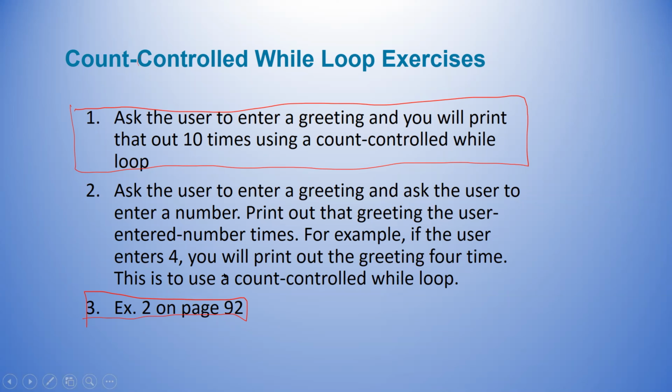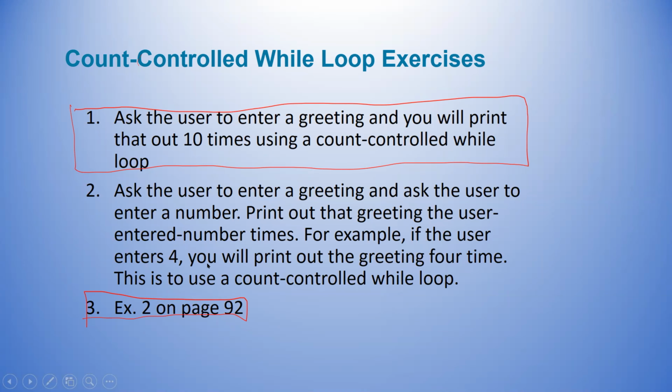And this is what Omcar did, I think. So Omcar, you did this. So let's look at it again. Everybody, look at this. Can I share my screen? Yeah, just a minute. Let me let everybody read this again. Okay, ask the user to enter a greeting and ask the user to enter a number. Print out the greeting the user entered number of times.